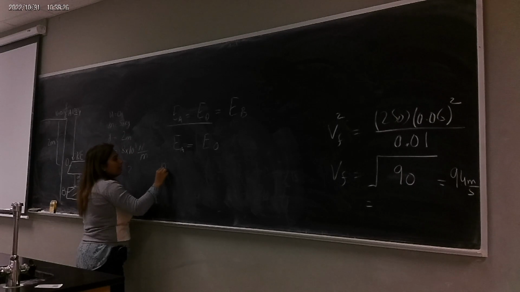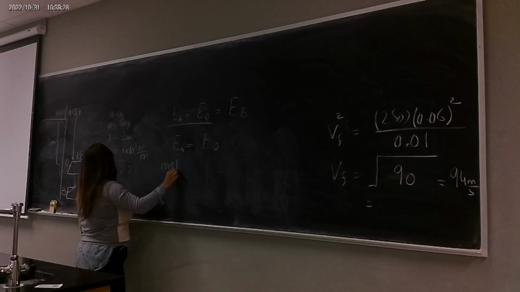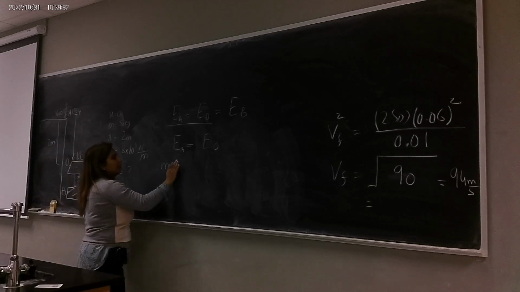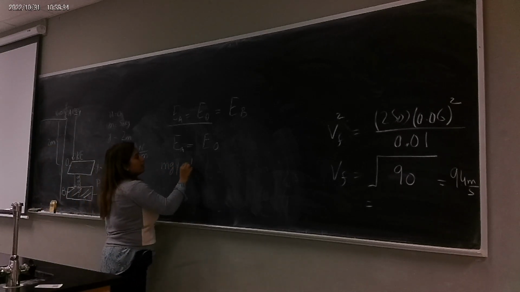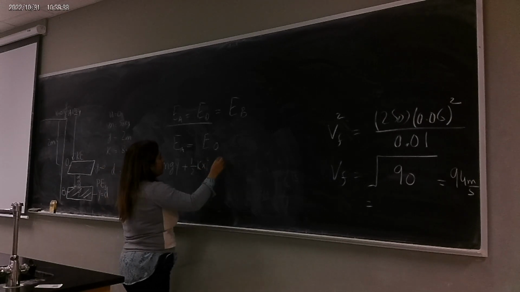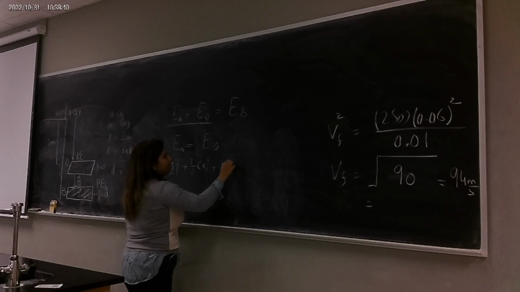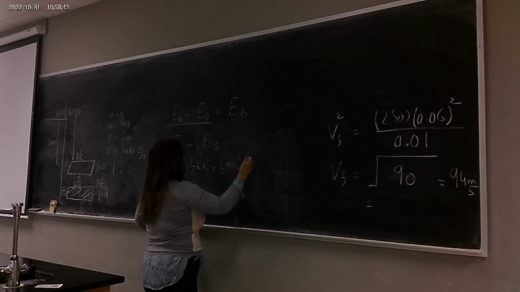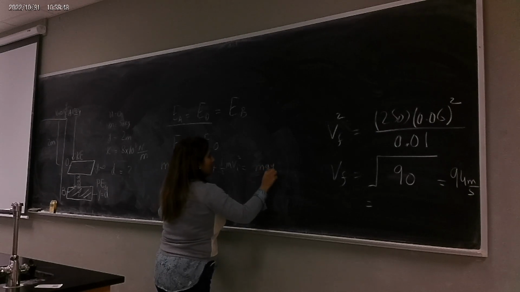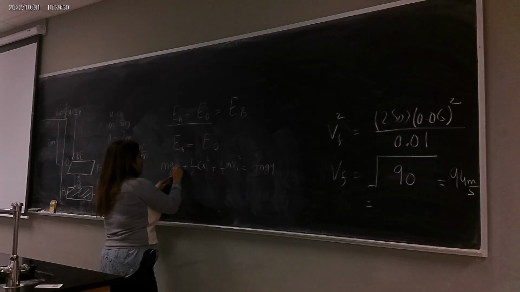EA is mgy, what is it called here? Y, plus half kxi squared plus half m vi squared. Energy at O is mgy.